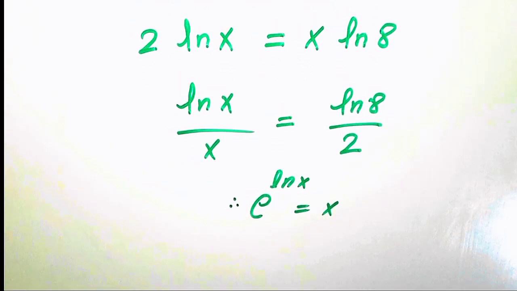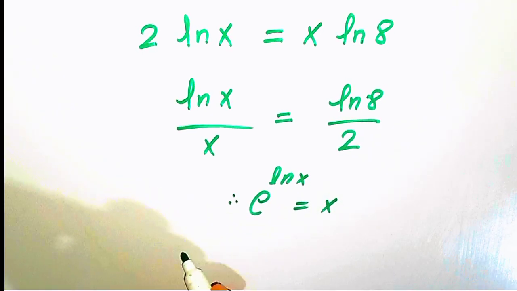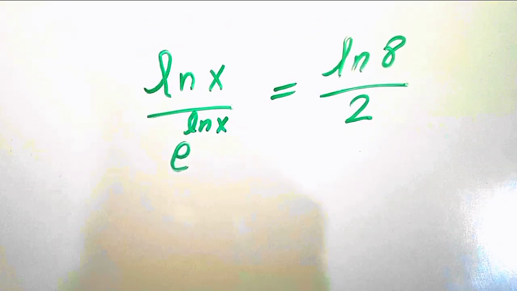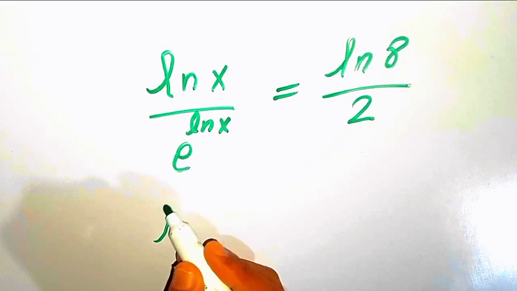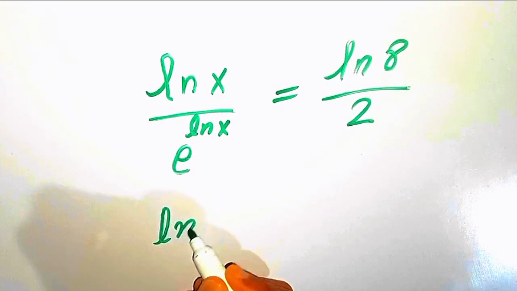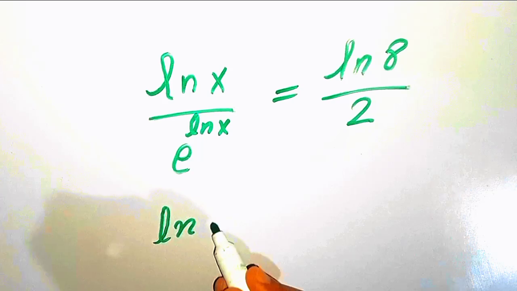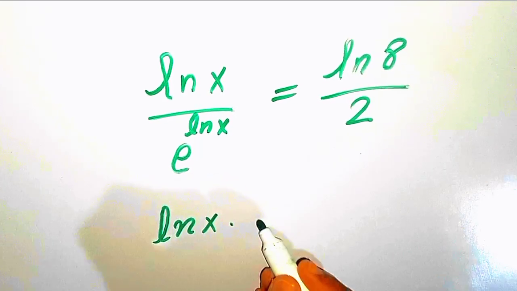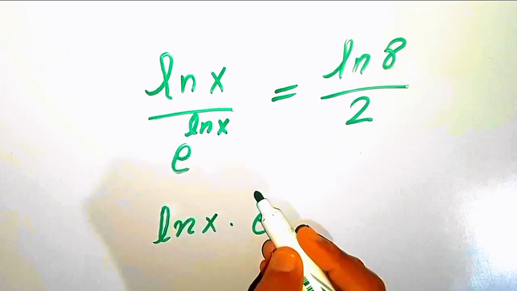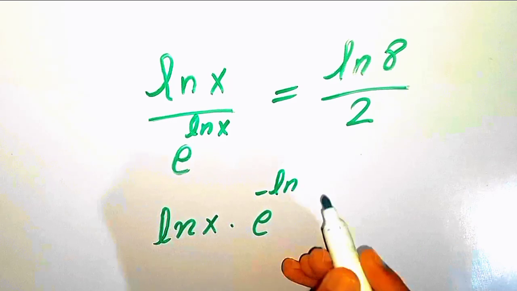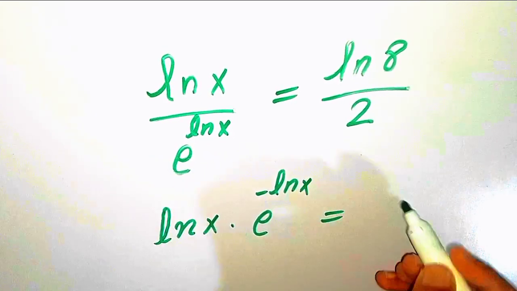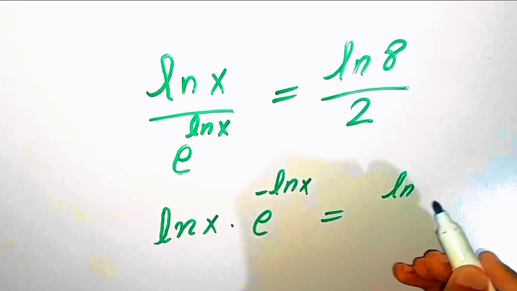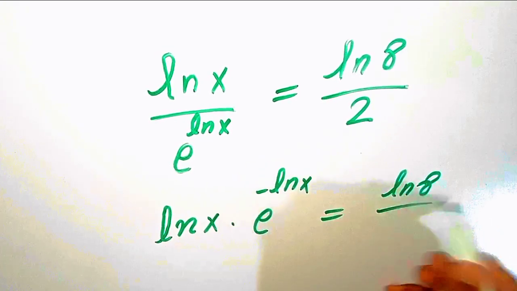So our next step is that it becomes a negative power: ln x and e^(-ln x) equals ln of 8 divided by 2.